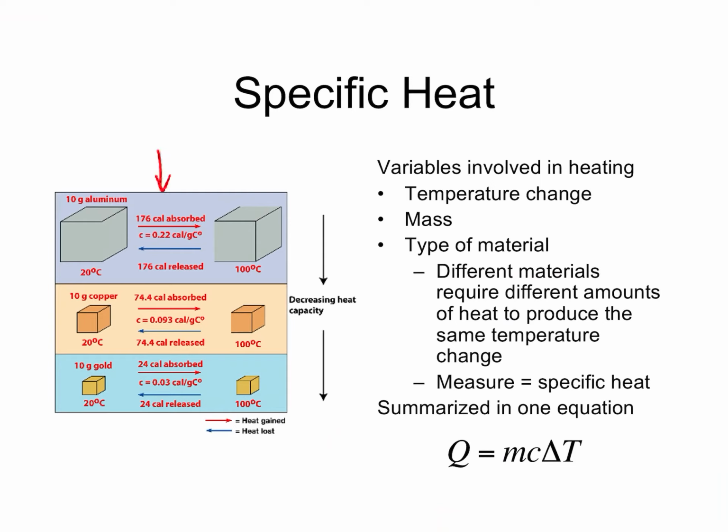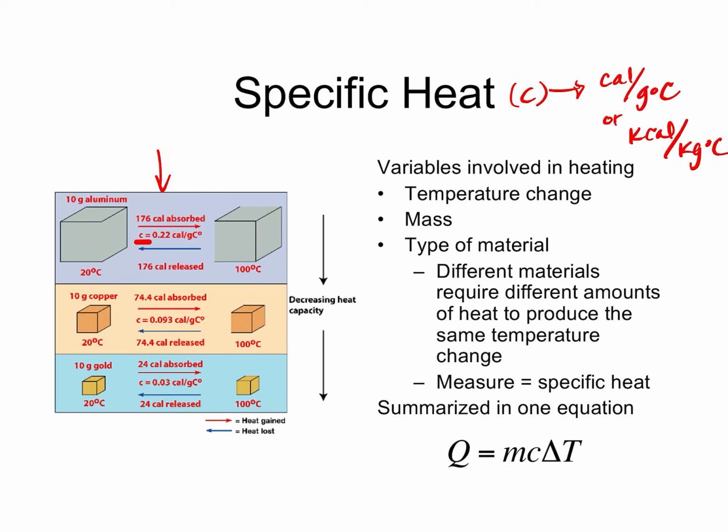As you can see in this box, see this little C right here? That's the symbol for specific heat. I don't really know why, don't ask me, but that is the symbol for it. And it's measured in units of calories per gram degrees Celsius or kilocalories per kilogram degrees Celsius. Either way.